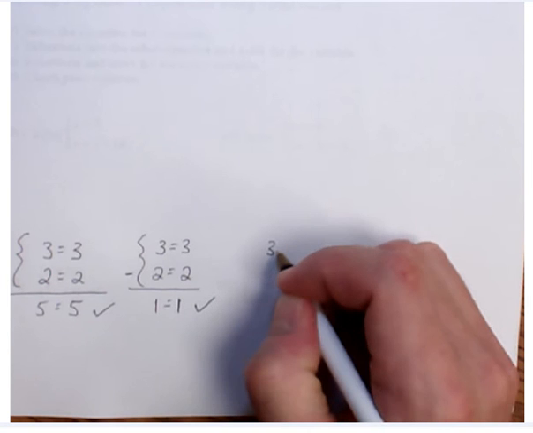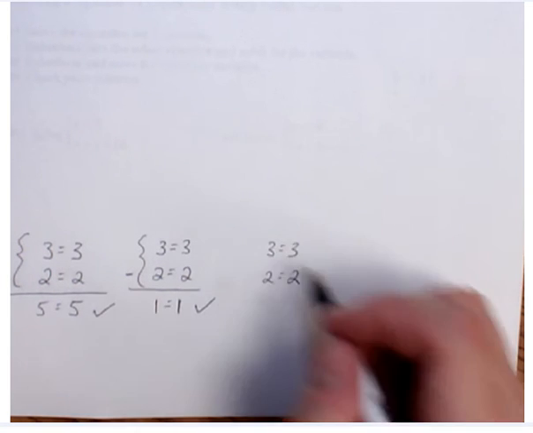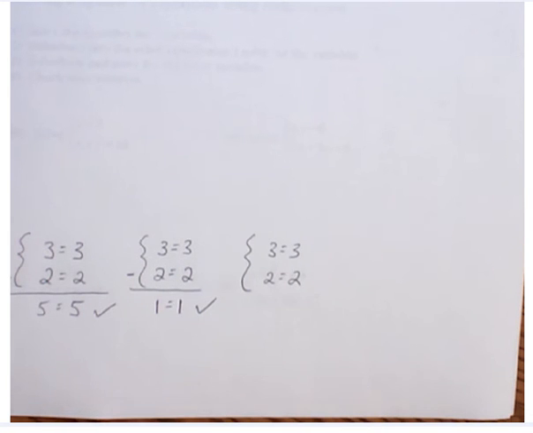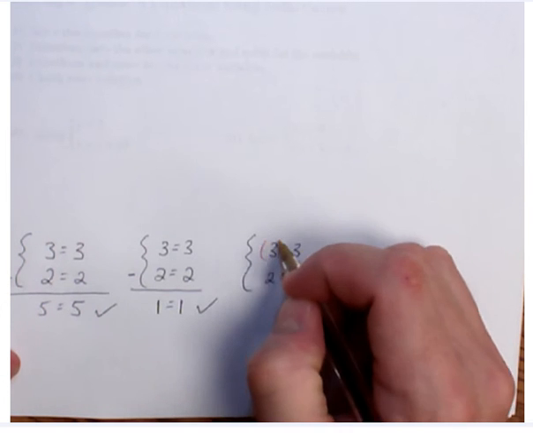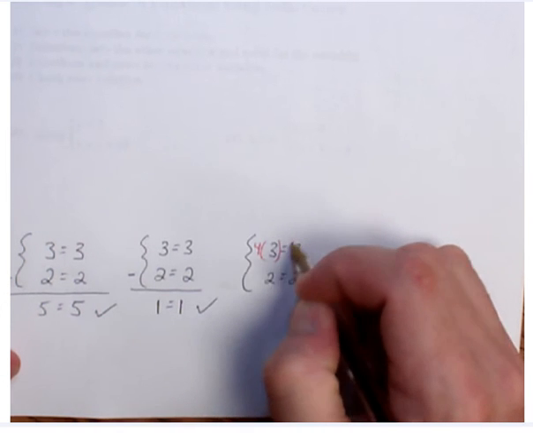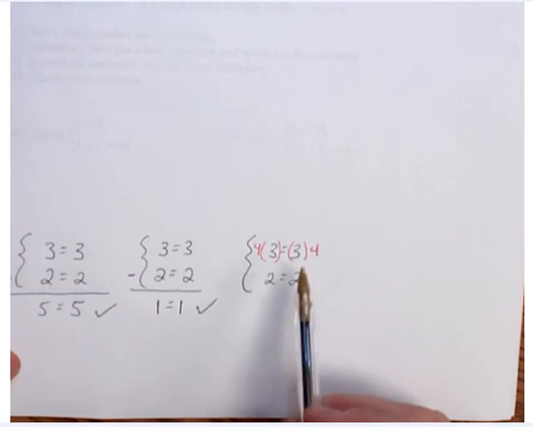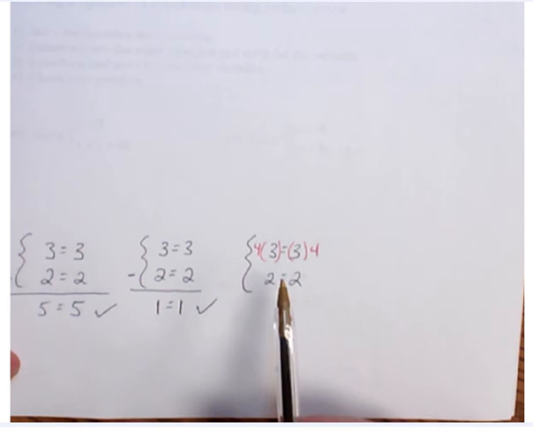Now, what we're going to talk about today is a couple other techniques, a couple other things you can do. Let's say again we have 3 equals 3, 2 equals 2. There's the system. What if we take the top equation, 3 equals 3, and multiply the left side and the right side by 4? We're going to multiply both sides by the same thing. Now you know that in any equation you can add to the left and right side the same thing.